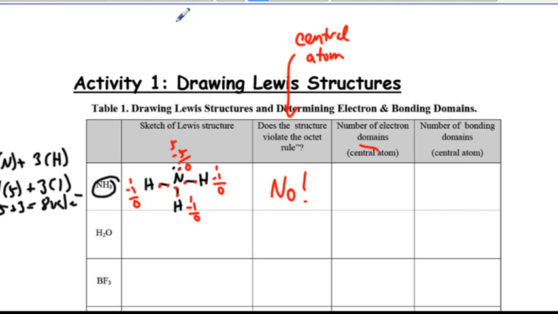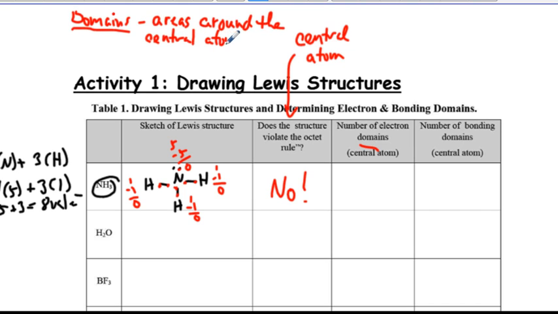Electron domains. Maybe just write this at the top of the page. Those are areas around the central atom where electrons are found.